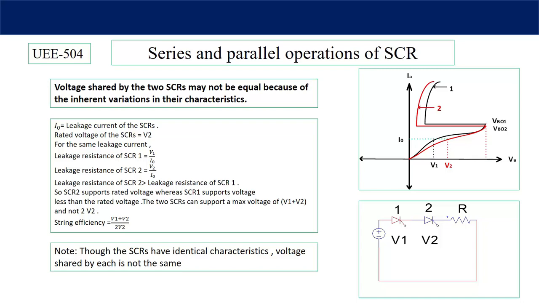Now, to make the voltage shared by each of these two thyristors equal, one option is to connect a shunt resistance across thyristor number 1 and thyristor number 2 in such a way that the equivalent resistance across thyristor number 1 and the equivalent resistance across thyristor number 2 are equal.